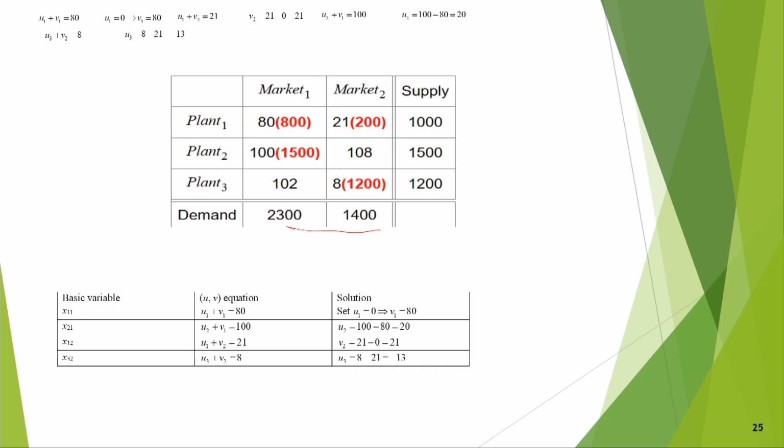Now, you can of course allocate some quantities, and then you can do this exercise problem. So, suppose my allocation is like that, means the problem has been given in this way, that I allocated the things like this, 800, 200, 1500 to 1200.